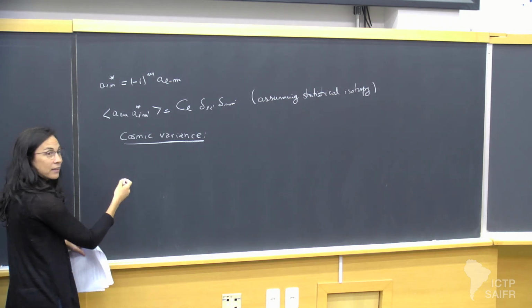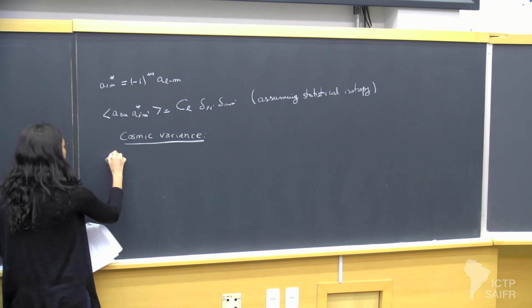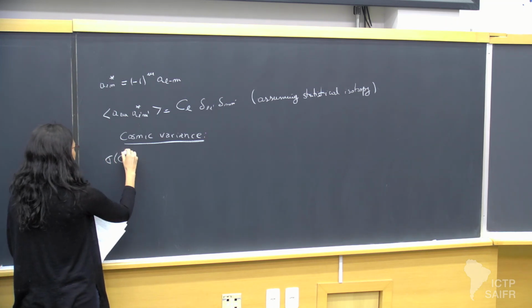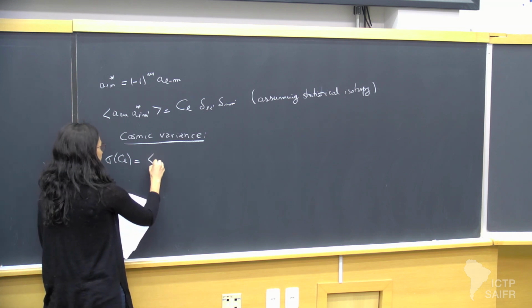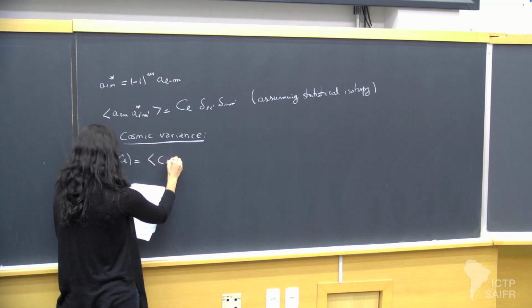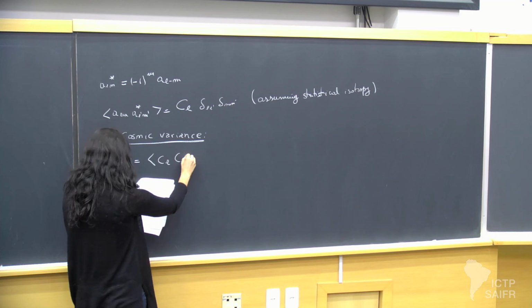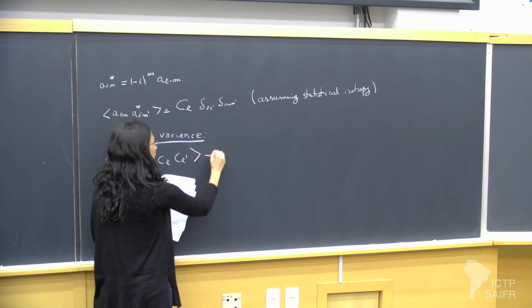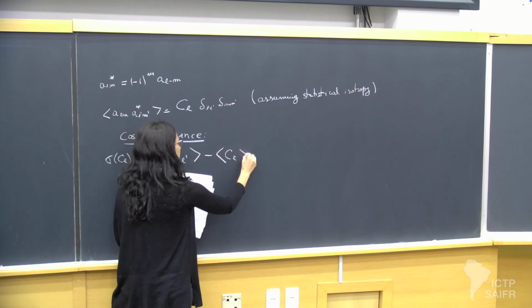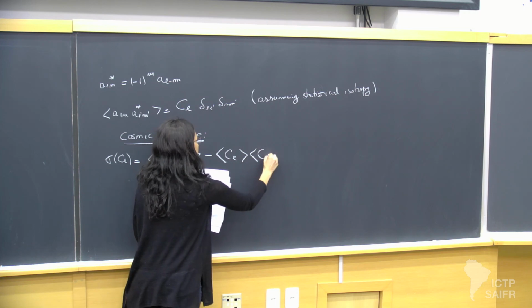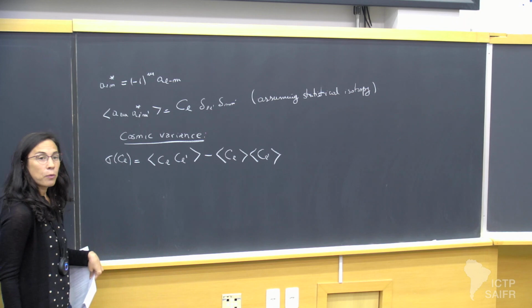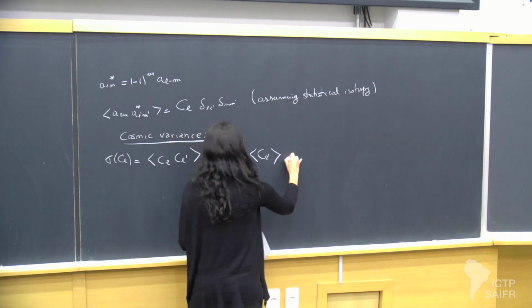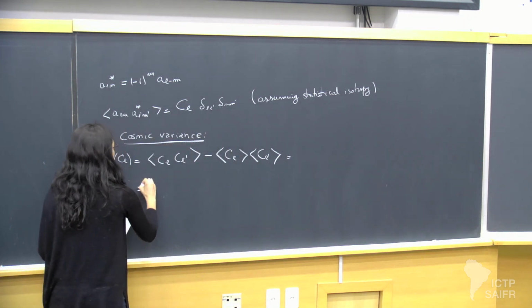How do we calculate the variance of the C_ls? Well, the variance is nothing else than <C_l C_l'> minus <C_l><C_l'>. Yes? Let's write this down explicitly.